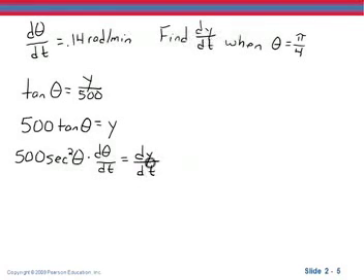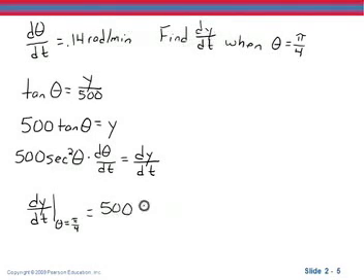And that's what we're looking for. We're looking for that derivative where theta is equal to pi over 4, so dy/dt when theta is pi over 4.